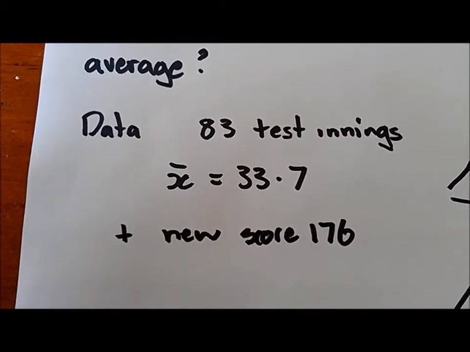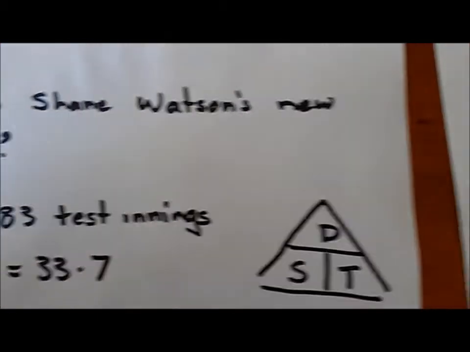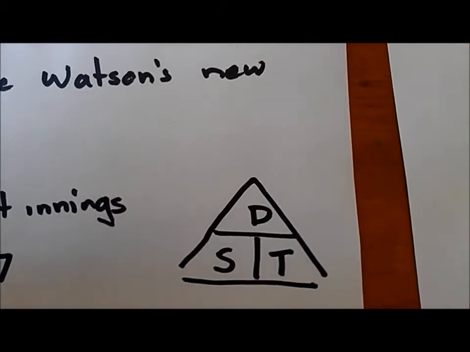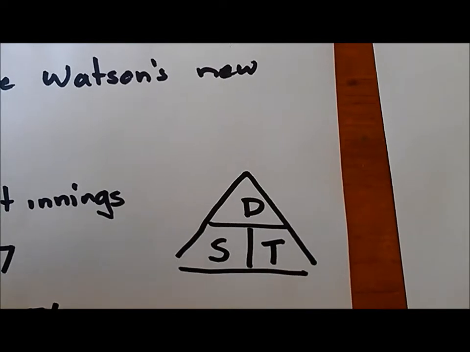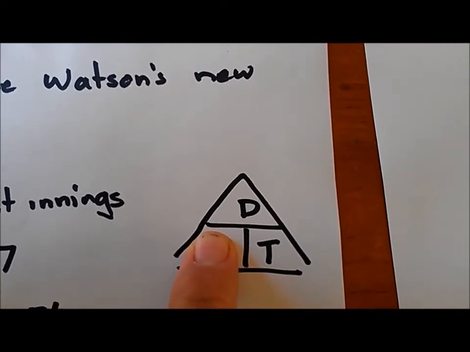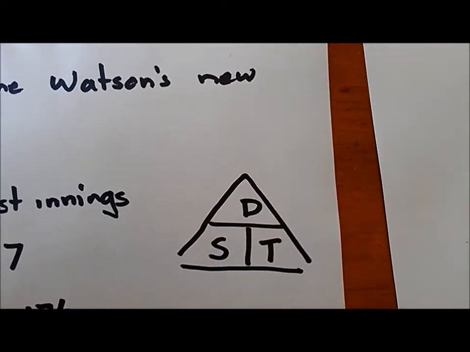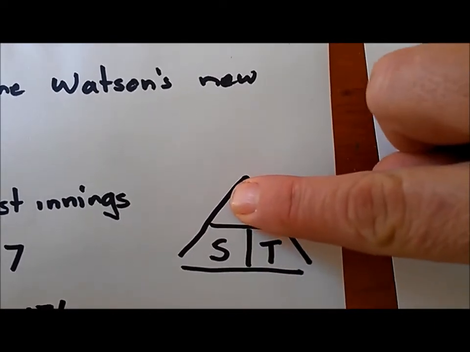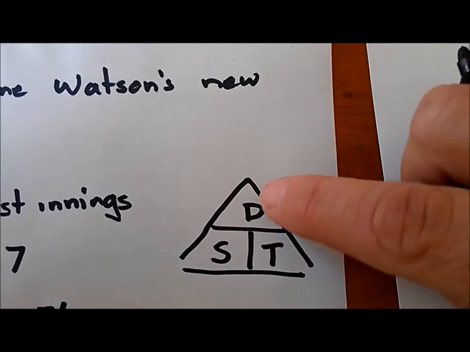It's useful to have a way to do them, and you'll be familiar with this speed, distance, time triangle, knowing that if you want to calculate speed, you cover it over in the triangle, and you see you have distance divided by time. If I want distance, I cover it over, and I see speed multiplied by time.